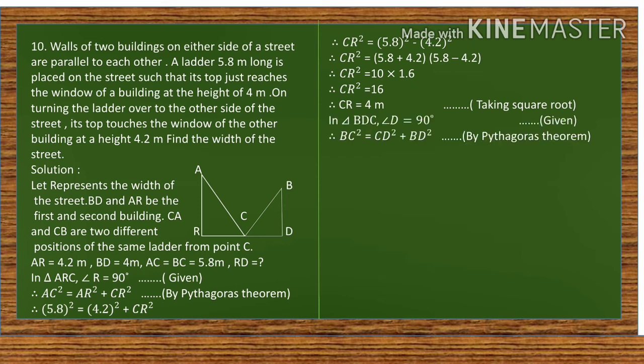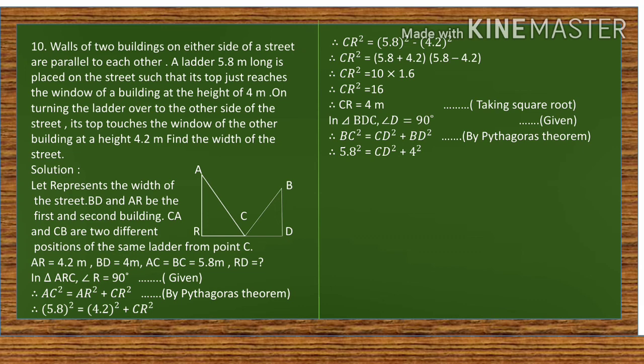So consider triangle BDC. In triangle BDC, angle D is equal to 90 degrees. Therefore we can use Pythagoras theorem here. By Pythagoras theorem, BC square is equal to CD square plus BD square. Substitute values. After substituting values, we get 5.8 square is equal to CD square plus 4 square.